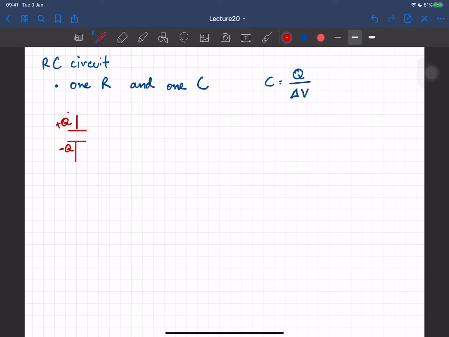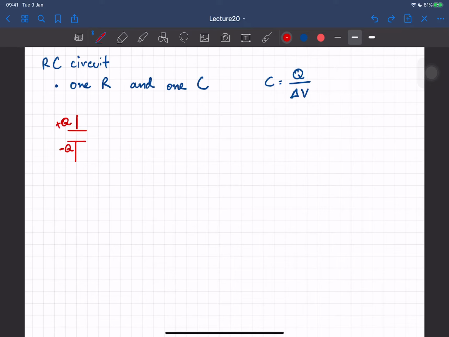Okay, so this Q is what we mean by Q in this equation. So don't double count it, because some of you might think, okay, it's plus Q here, it's minus Q here, so it's a total of 2Q. It's not like that. When we say it's Q, then it's just one side, so the other one is automatically minus of the same amount, which is minus Q.